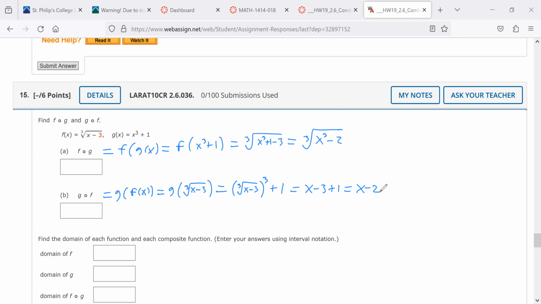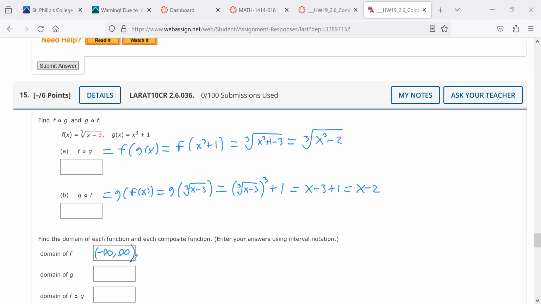Okay, so what is the domain of F? Do odd roots have any restrictions? No. So the domain should be everything. All right.